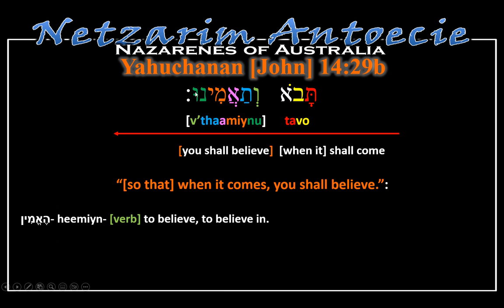So therefore, the actual pronoun is only the vav at the end, which can mean they or it can mean you, because you can be plural too. And he's talking to his disciples. So that when it comes, you shall believe. Right, we're going to read that now, and we read it as tavo v'ta'aminu.